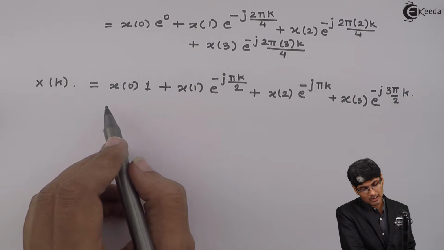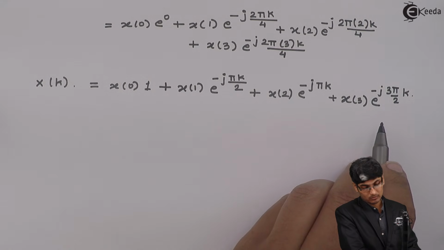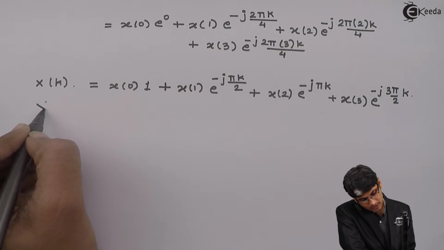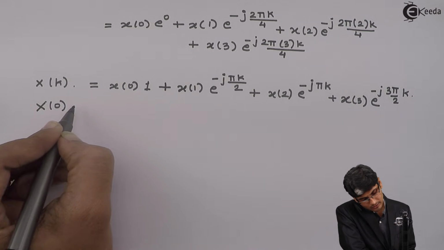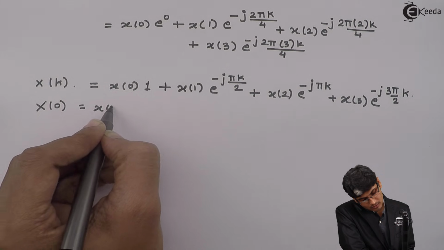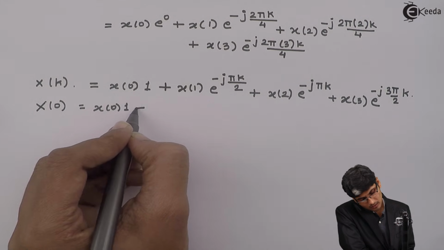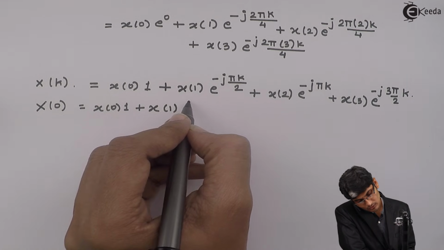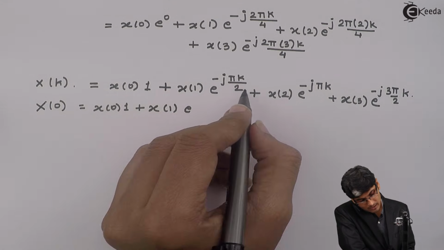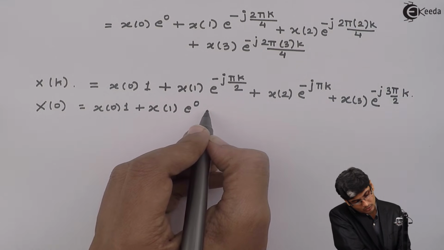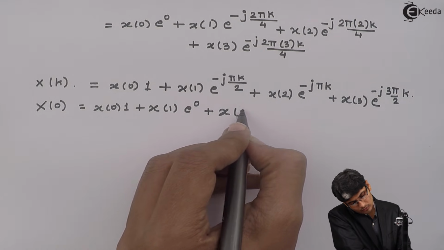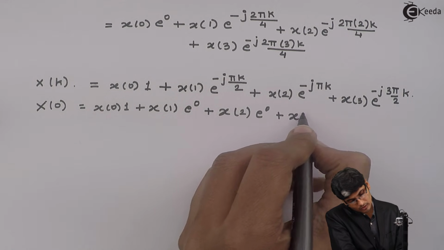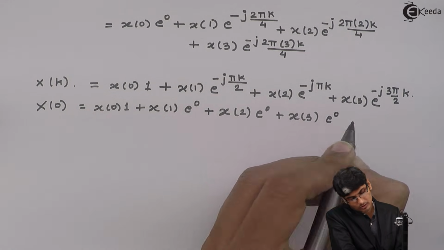This equation now is a function of k alone. Now I will go on putting the value of k. So when I put k equal to 0, I'll get X of 0, which is x of 0 into 1 plus x of 1 e raised to, this I'll put as 0, so it becomes e raised to 0, plus x of 2 e raised to 0 again, plus x of 3 e raised to 0 again.